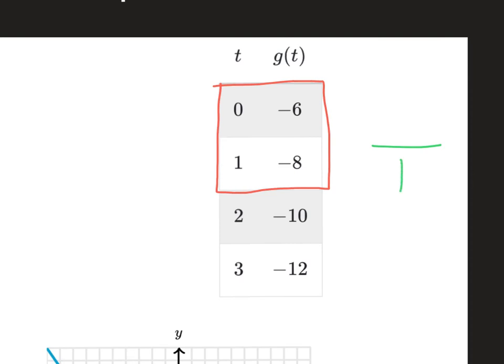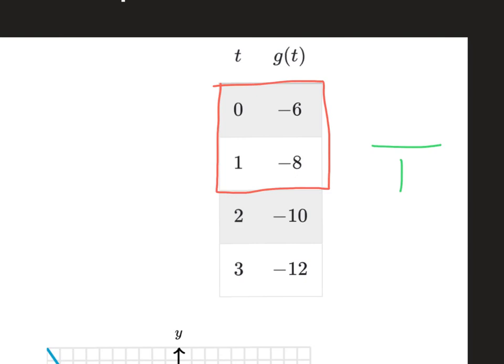Now we need to find our rise. We need to see what happened from here to here. How did we go from -6 to -8? We went down 2, from -6 to -7 to -8.